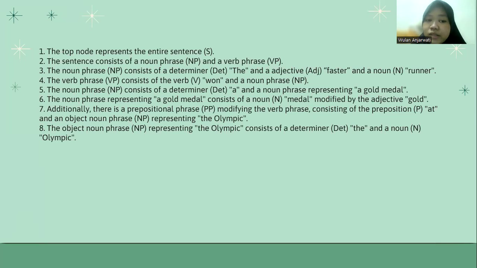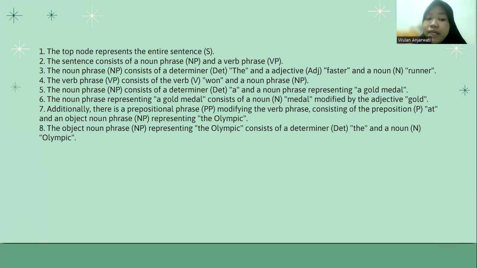The noun pair consists of a determiner, "the", an adjective, "faster", and a noun, "runner". The verb pair consists of the verb "won" and a noun pair. The noun pair consists of a determiner and a noun pair representing "gold medal". The noun pair representing "gold medal" consists of a noun, "medal", modified by the adjective "gold".